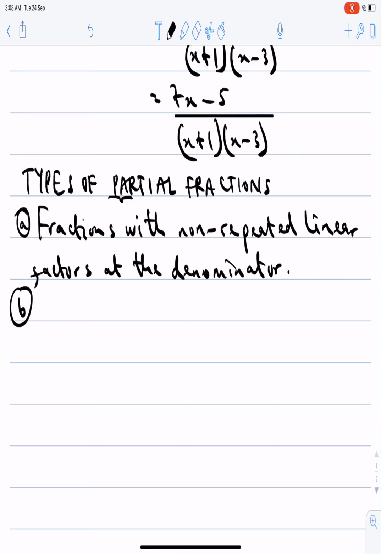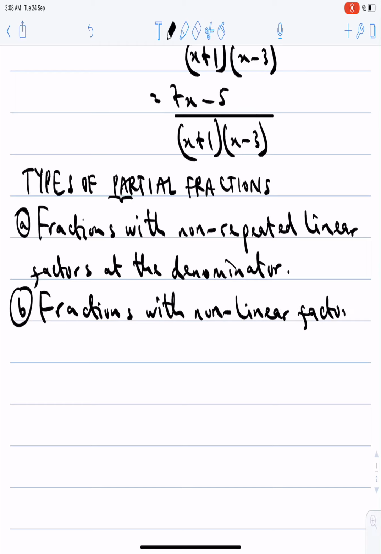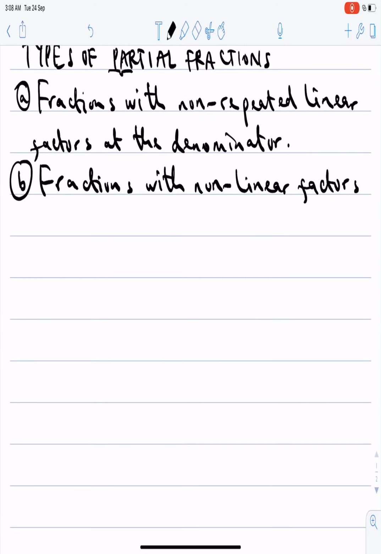B, fractions with non-linear factors that are not repeated.